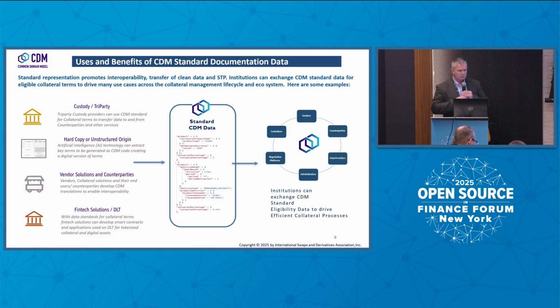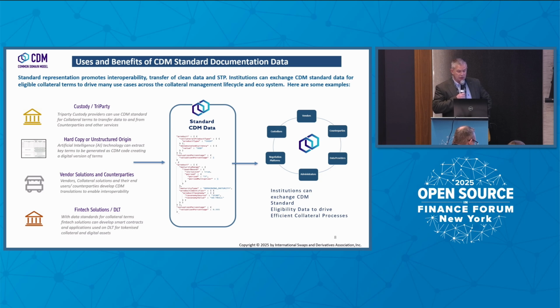So, there's many different use cases and benefits using CDM standardized documentation data and eligible collateral information, such as in the custody, tri-party models. They can use CDM standard for collateral terms to transfer to their counterparties and between other services. You can use artificial intelligence to read hard copy and unstructured data from documents and generate it as CDM code, creating an accurate digital version of terms.